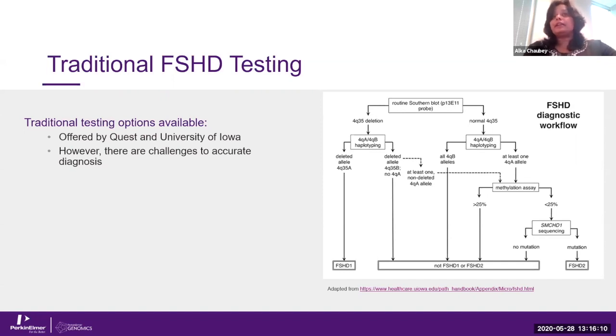So that is the rightmost flow chart of this diagnostic workflow that you see. Any other combination that you see in the middle, whether the hypomethylation is not there, the sequencing variant is not there, or the 4QA allele is not there, will not lead to an FSHD1 or FSHD2 phenotype.